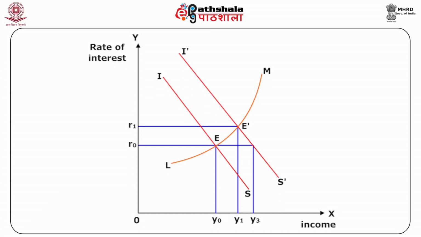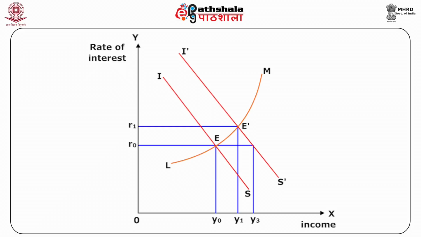The asset market refers to the demand for real cash balances and the supply of real cash balances, and equilibrium takes place when small m, which is the demand for real cash balances, when nominal demand for cash balances is deflated by price, is equal to m bar, which is the exogenous money supply, divided by P. This is the equilibrium condition in the asset market.